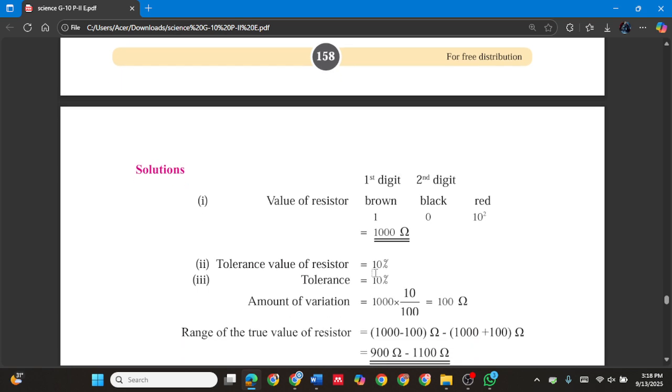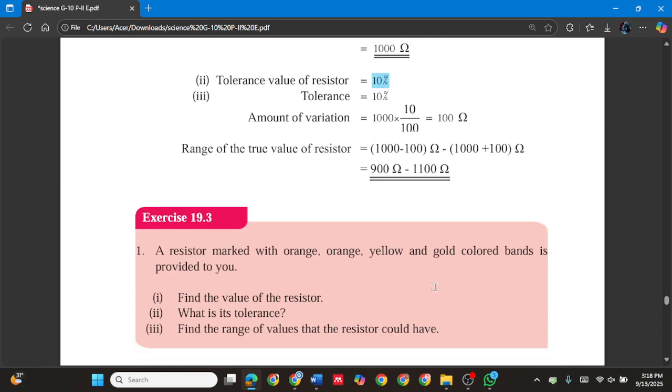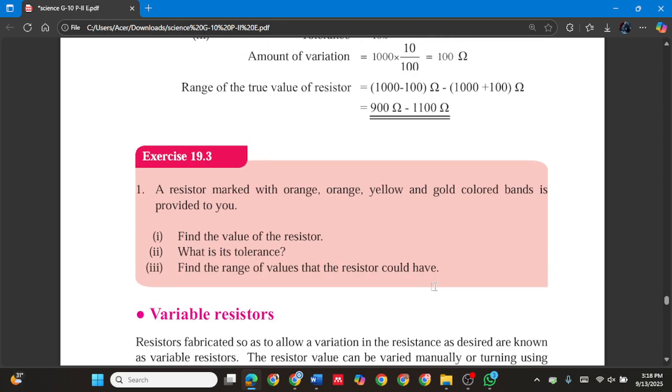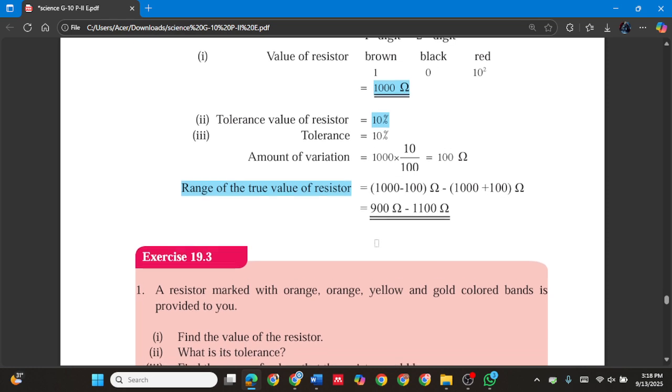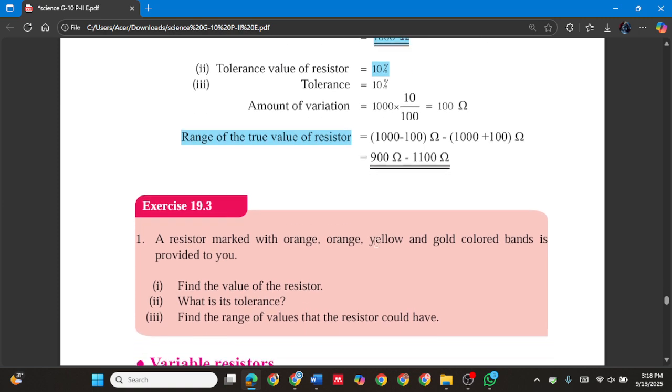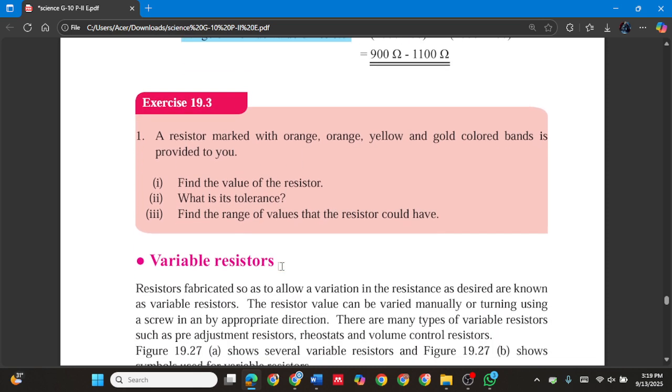The tolerance is 10% and the resistance is 1000 ohm, so the range of the true value of the resistor is 1000 plus or minus 10%. 10% of 1000 is 100 ohm. Adding gives 1100 and subtracting gives 900, so the range is 900 ohm to 1100 ohm. I will discuss the answer to 19.3 in the next discussion.